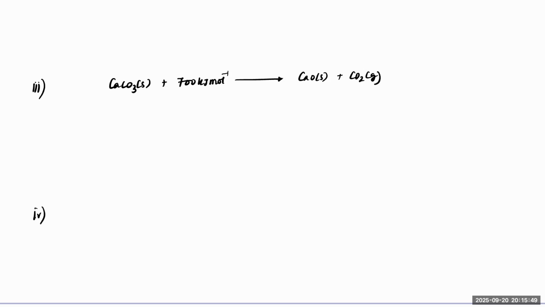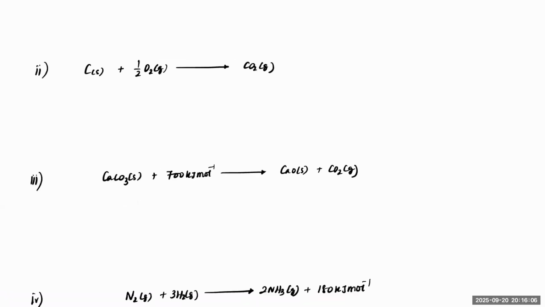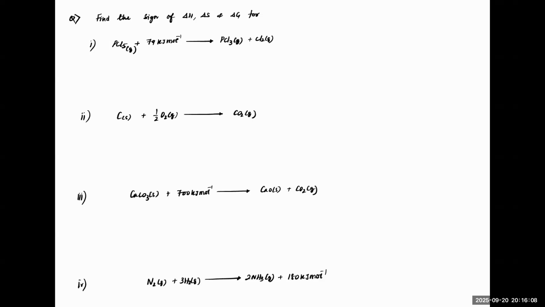And lastly, N2 gas plus 3H2 gas is giving 2NH3 gas, plus 180 kilojoules per mole. This is how the equations are given. So just watching these equations and the given information, we should be able to comment on the sign of delta H, delta S, and delta G.